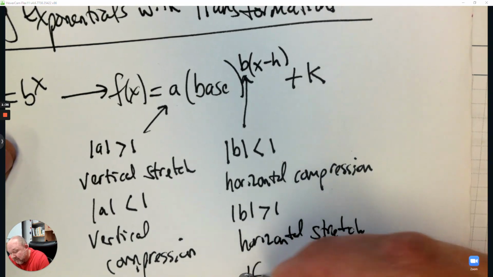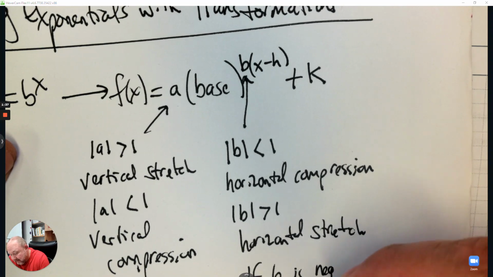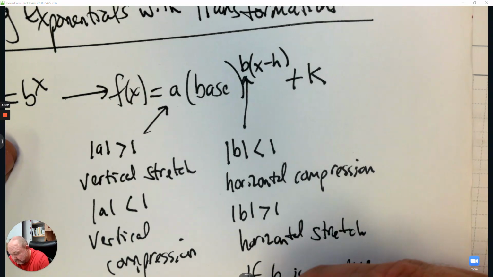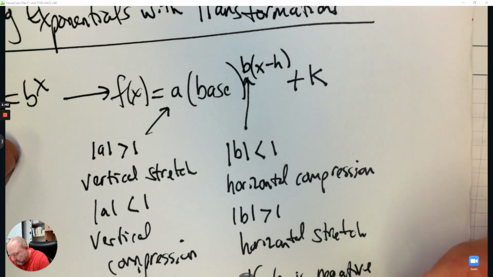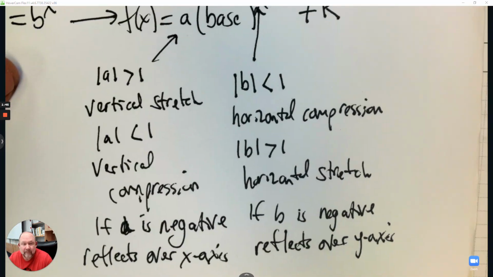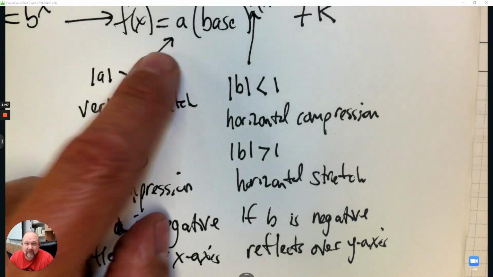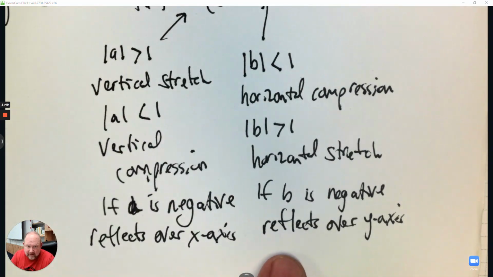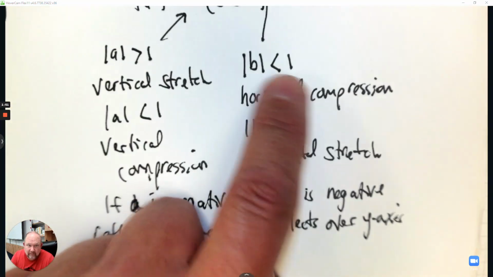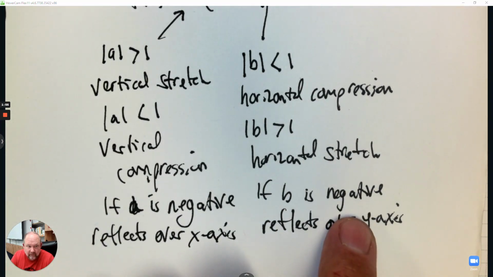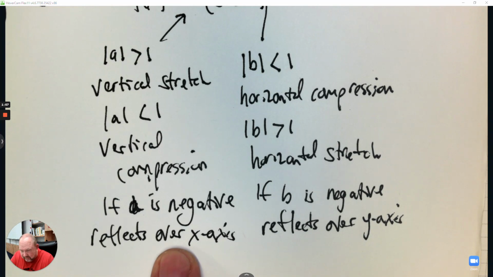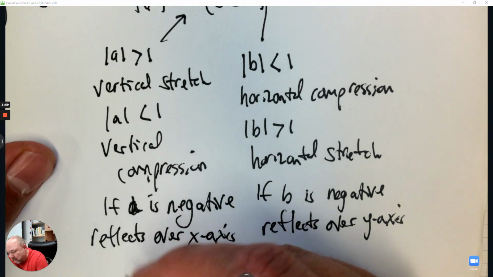And believe it or not, if b is negative, it reflects over the y-axis. So that's already quite a bit there, right? The number that's being multiplied, a bunch of things could happen. It could be a horizontal compression, a stretch, and if b is negative, it reflects over the y-axis rather than the x. Now the h and k are a lot simpler.